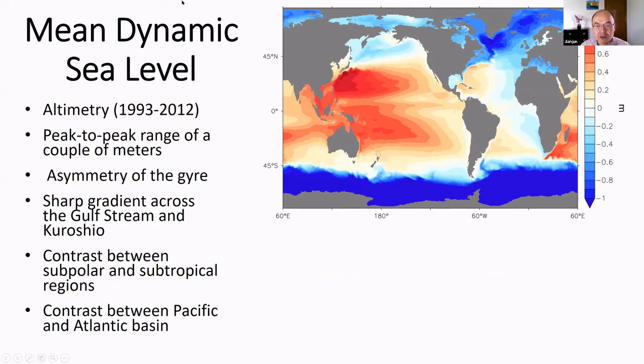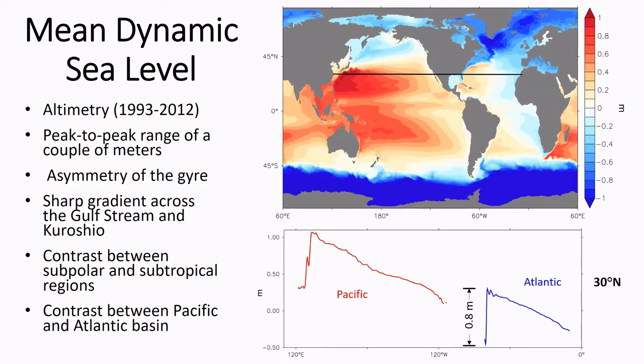If you plot the dynamic sea level along the 30-degree north latitude, you will see the Pacific dynamic sea level is higher than the Atlantic dynamic sea level. Also you can see the sharp gradient associated with the western boundary current. This is the Gulf Stream in the North Atlantic, and this is the Kuroshio in the North Pacific.